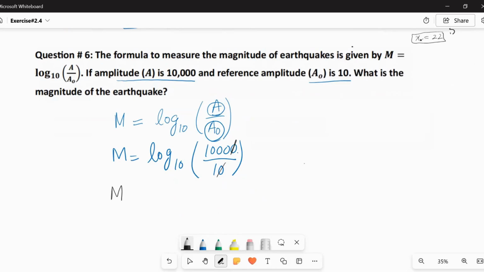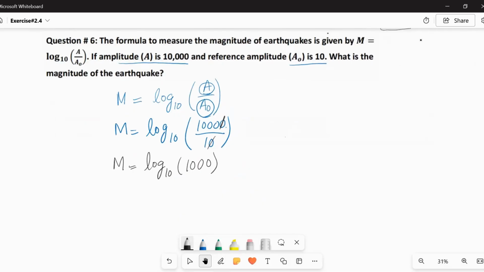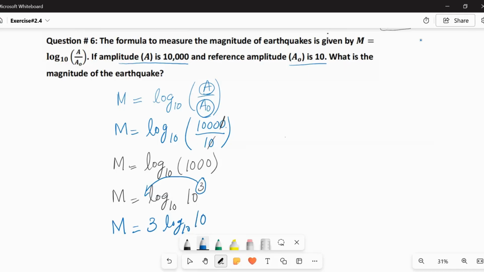So you're left with m equals log with base 10 of 1,000. And how can we write 1,000? If I factorize it, we can write it like this: 10 cube, right? So 10 cube is basically equal to 1,000. Now apply the power rule. So this power 3 will shift before log. So we can write it like this: m equals 3 log with base 10 of 10, right?